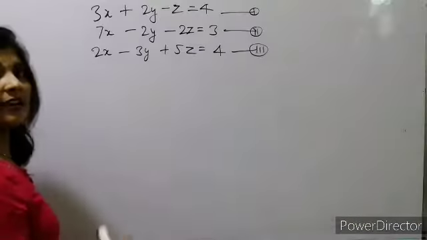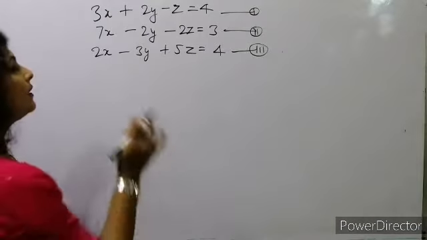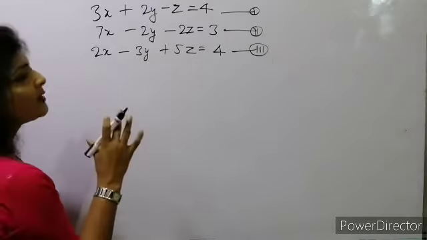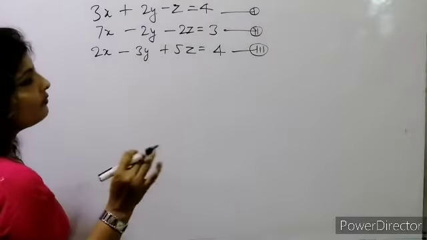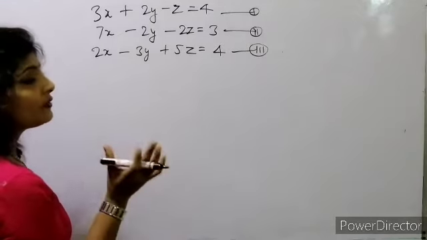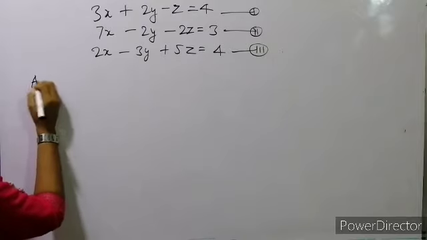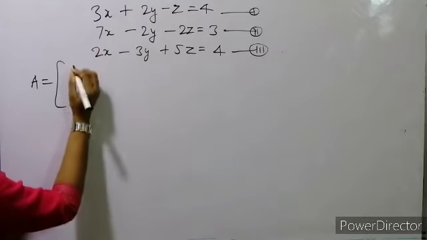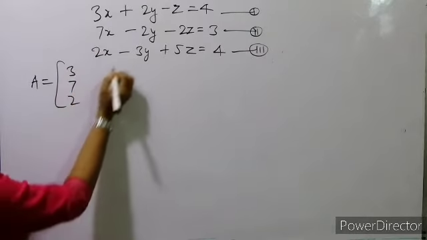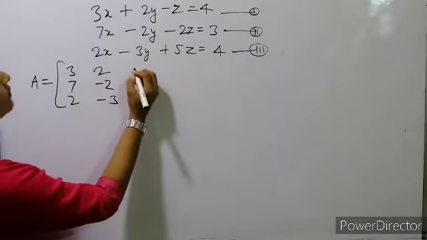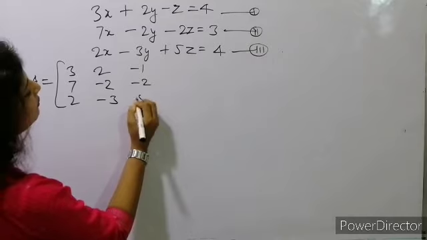Then three linear equations, that is, linear equations with three variables are given, and you have to find the matrix equation. So first of all we'll write this. A is equal to 3 7 2, 2 minus 2 minus 3, minus 1 minus 2 and 5.